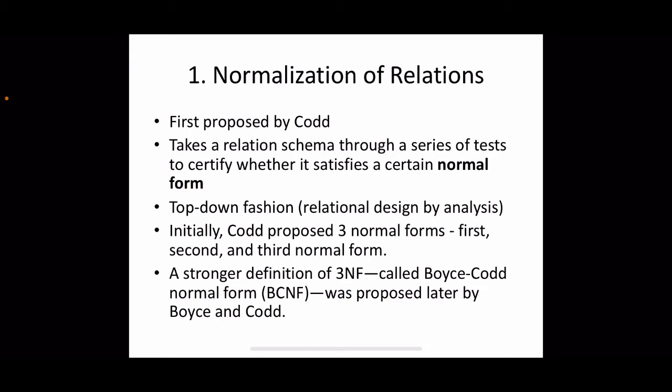That is the main component of normalization. Later we have two more normal forms, fourth normal form and fifth normal form. We will see all those things. These normal forms, that is fourth normal form and fifth normal form, are based on the concepts of multivalued dependencies and join dependencies. We will see all those things later.